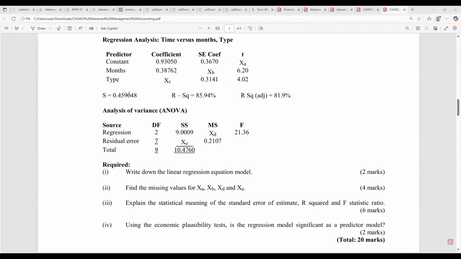So it measures the distance between the actual observation and the predicted value.